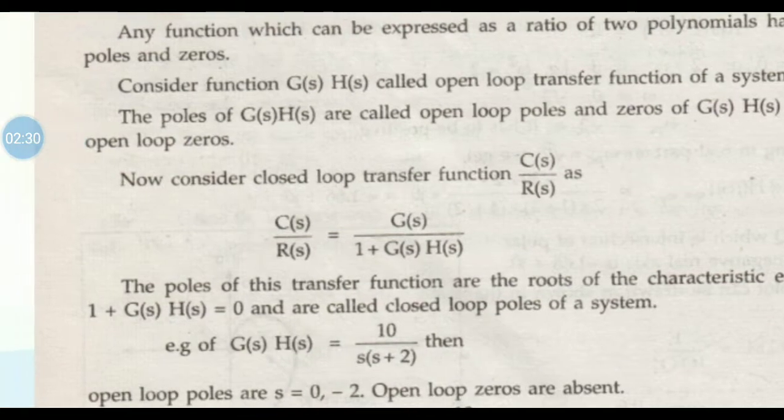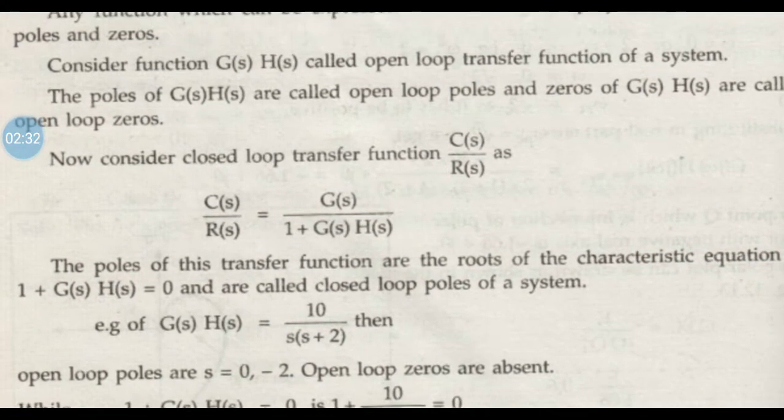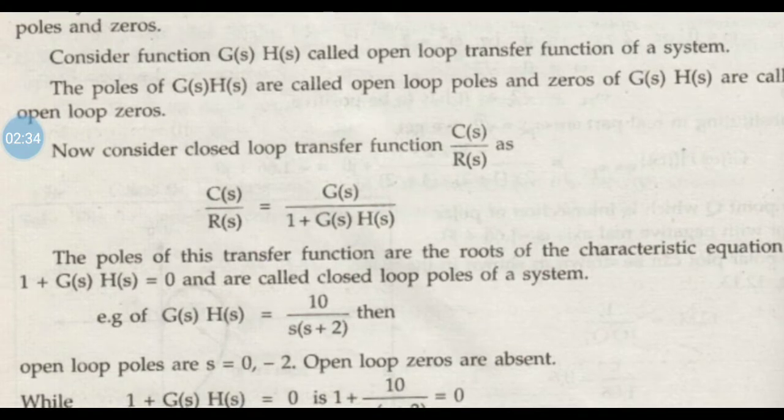The poles of this transfer function are the roots of the characteristic equation, 1 plus G(s)H(s) equal to 0, and they are called the closed loop poles of the system.